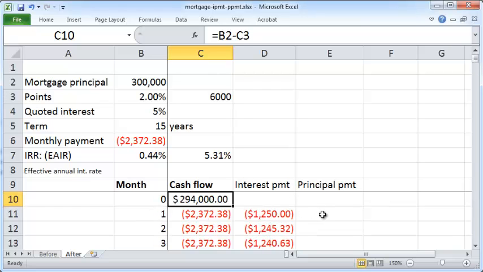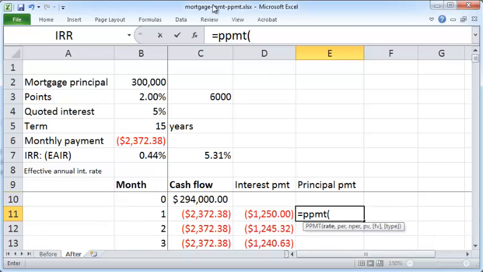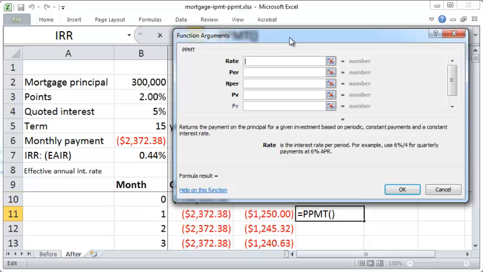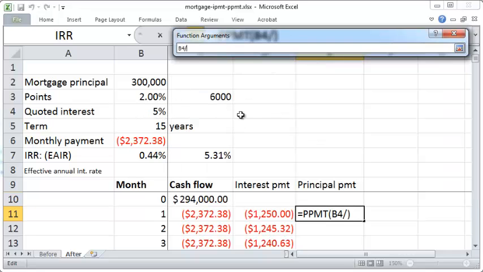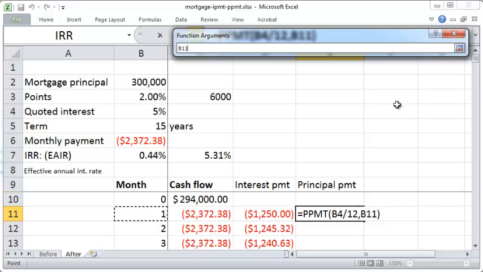And now we'll compute the principal payment, equals PPMT, and again I press this function here. The rate is your quoted interest rate divided by 12. The period is number 1, that is B11 here. Number of periods is 15 times 12.